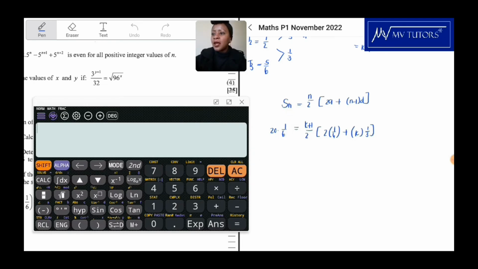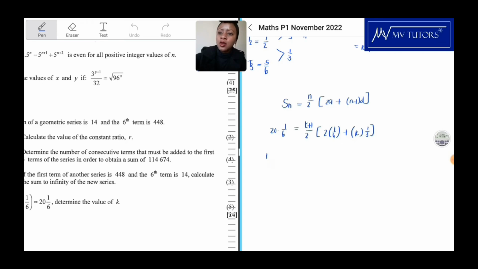So we have 20 and 1 over 6, and that's 121 over 6. Okay, cool. So we have 121 over 6, and we're going to multiply by this 2 over here, so that we have k plus 1, and inside here we have 2 over 6, which is really just 1 over 3, right? And then plus a third k.